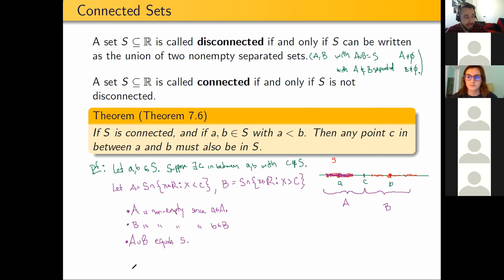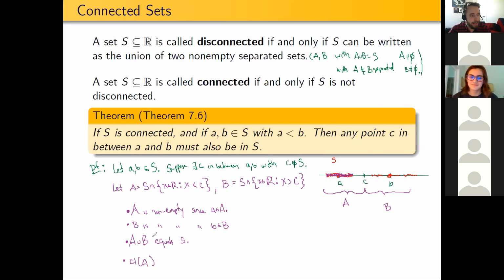All right, and finally, we have to show that A and B are separated. And to do that, we have to figure out what the closure of A is. Actually, I lied. I don't think we explicitly need to figure that out.